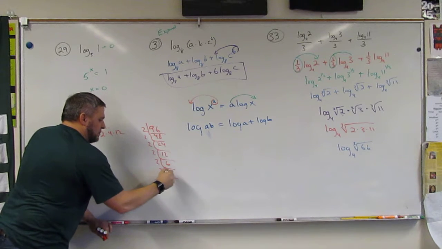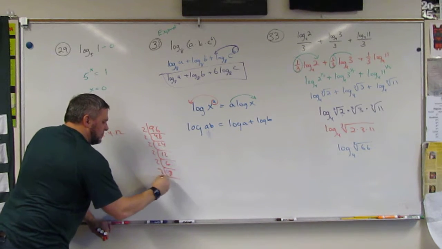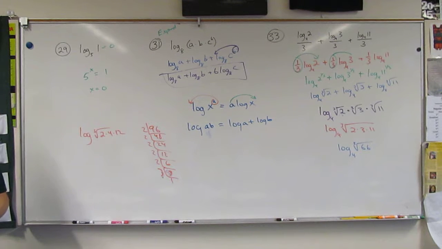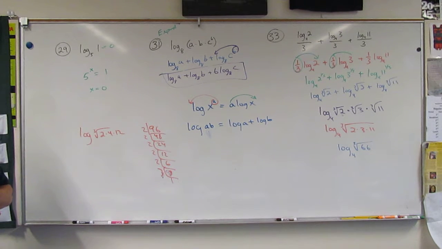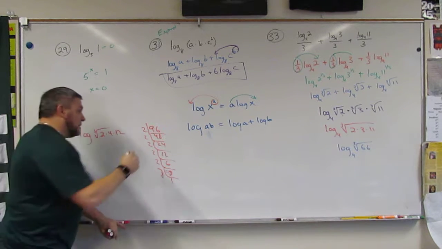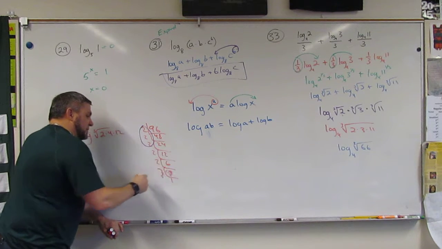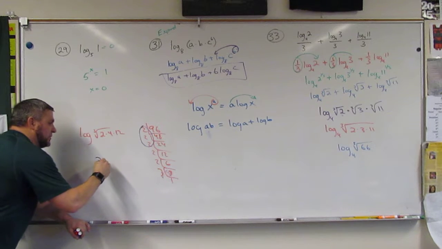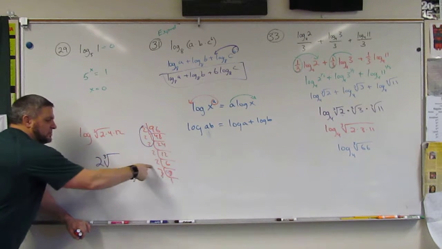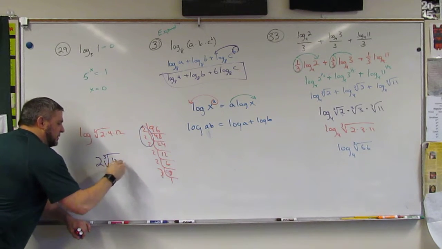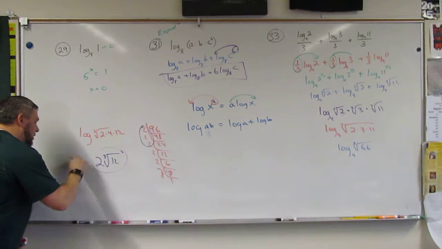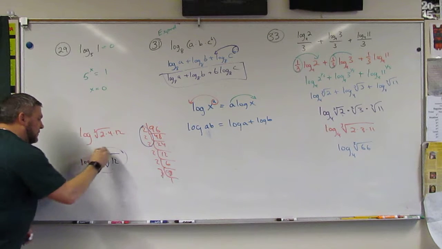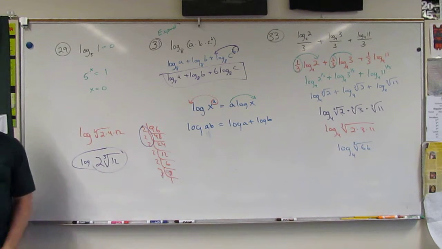And how would you break that down? It's a cube root, so it'd be triplets. So that would be 2 cube root of 12. See how that's different? If you came up with that, you'd have to change it to this. Does that make sense?